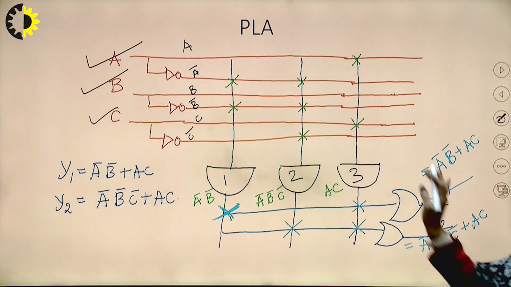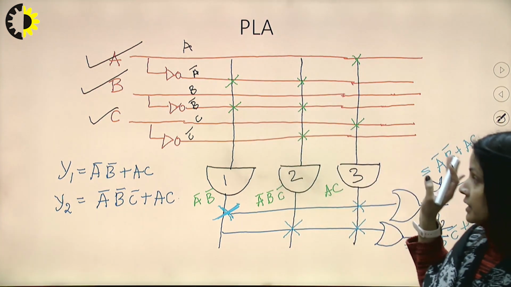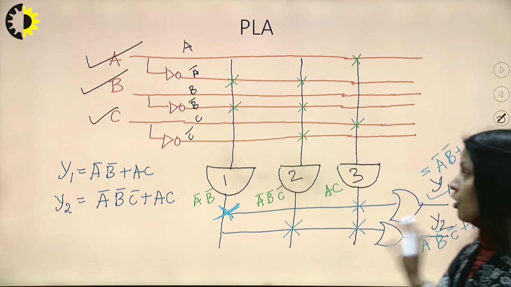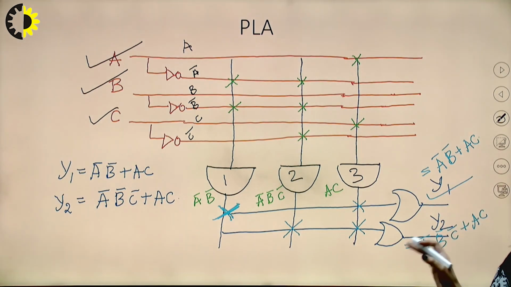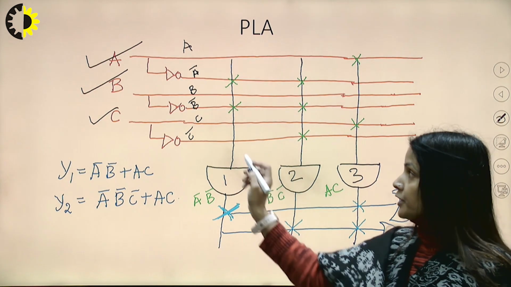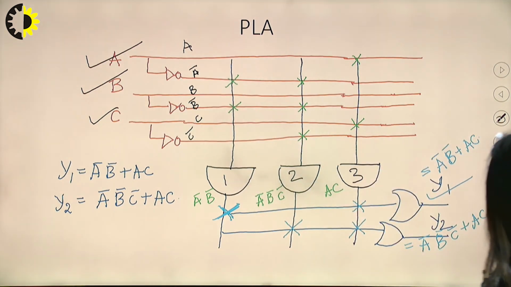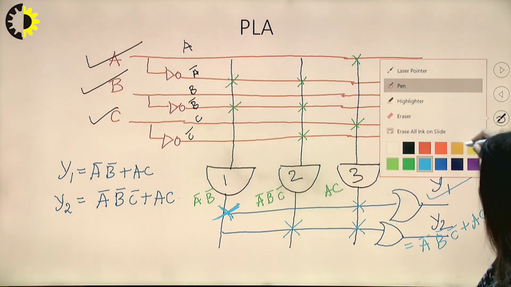Now I have programmed my total AND gates and I have programmed my total OR gates, and hence the circuit can be realized. So the first task is to find out the number of input buffers. I will rewrite all these points.